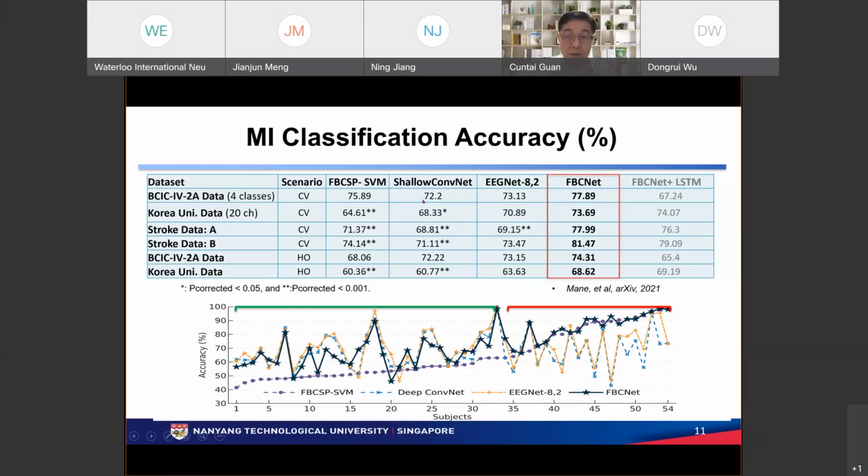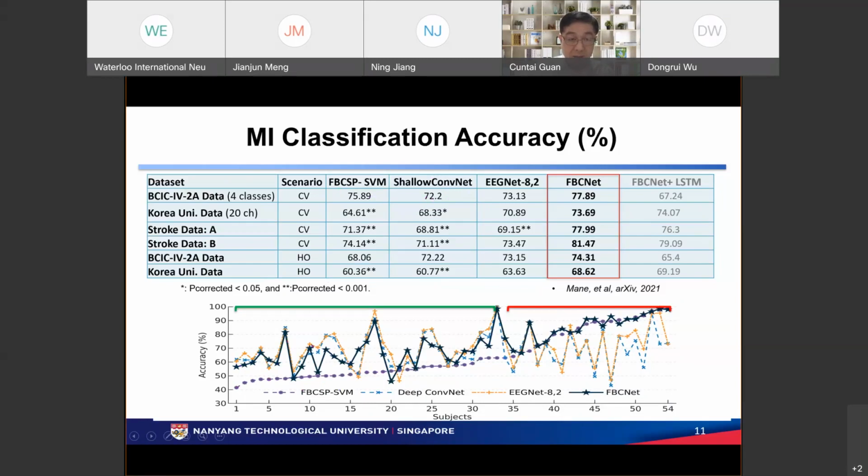Although on average the EEG net and the shallow net are similar compared to the FP-CSP, the behavior of individual subjects is different. If you look at the lower part, some subjects have very poor performance using FP-CSP, but with deep learning, either shallow net or EEG net, you get a much higher improvement.